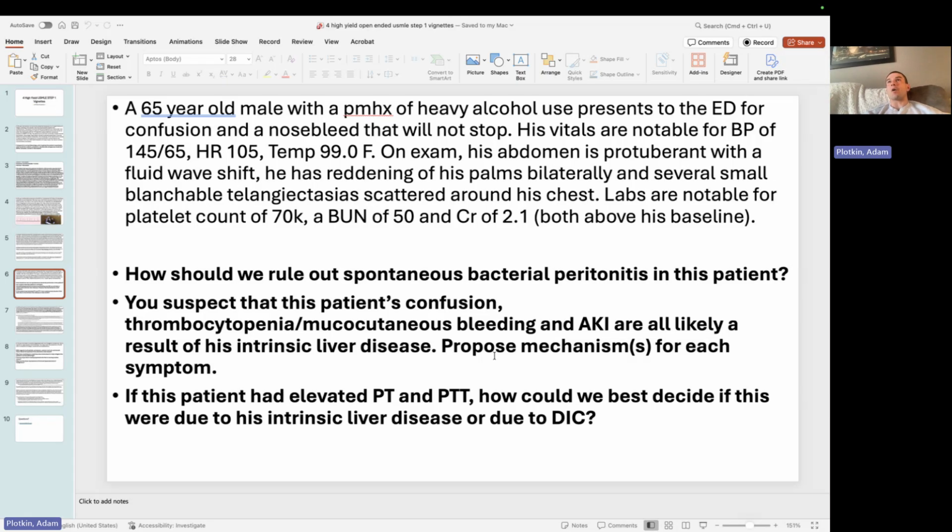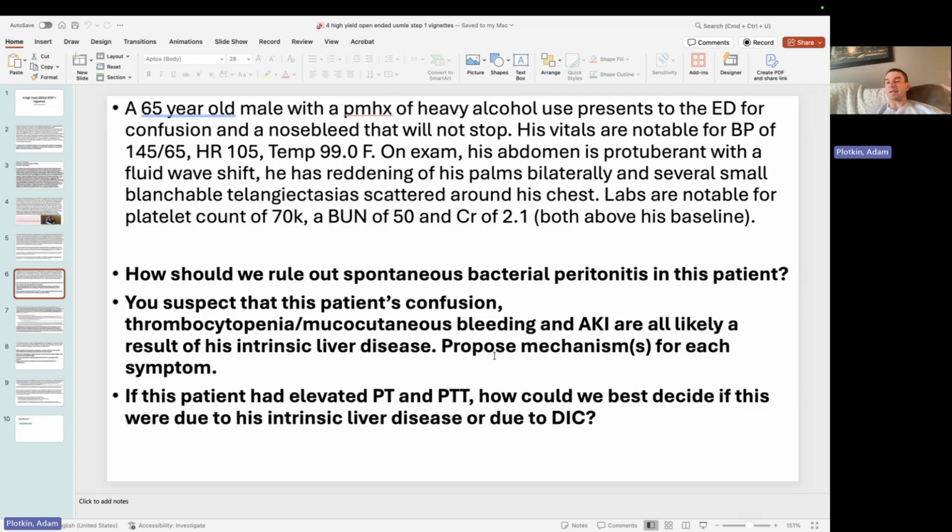You probably learned about serum ammonia levels. Serum ammonia levels do not correlate with hepatic encephalopathy at all. There could be patients with really bad hepatic encephalopathy who have normal ammonia, and there can be patients with sky-high ammonia who are totally A&O times 4, alert and oriented times 4.